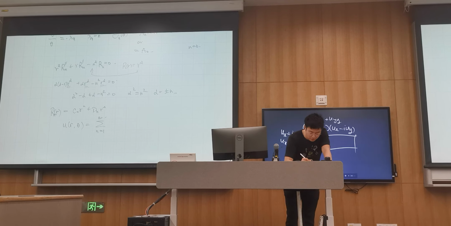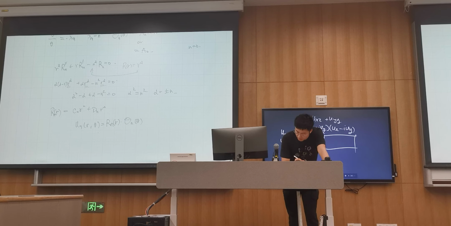So let me not do the sum right away. Let me say, what is my u n? My u n r theta is exactly R n r multiplied by theta n theta.